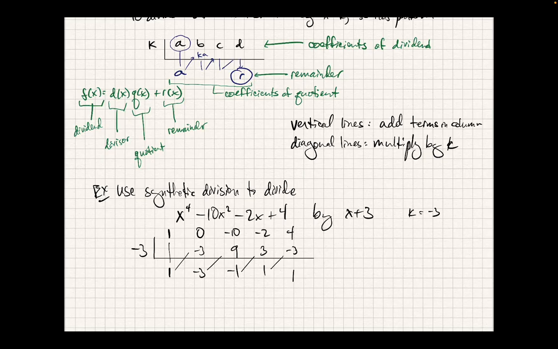How did you get minus 3? Minus 3x squared, from the x cubed. I see it.